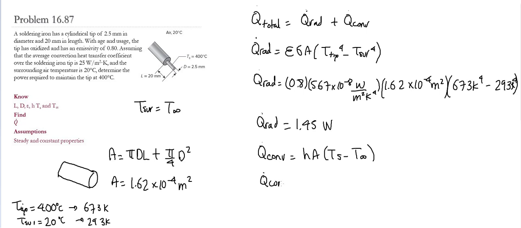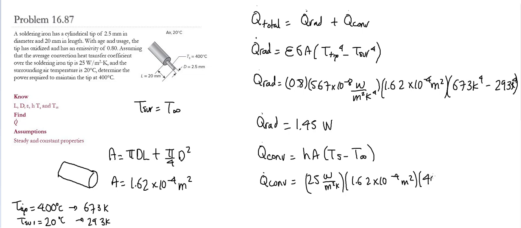So h is equal to 25 W/m² K. The area that we calculated is equal to 1.62 times 10 to the negative 4 meters squared. You could do this calculation both in Celsius or in Kelvin. It's exactly the same, since delta Kelvin and delta Celsius is exactly the same.